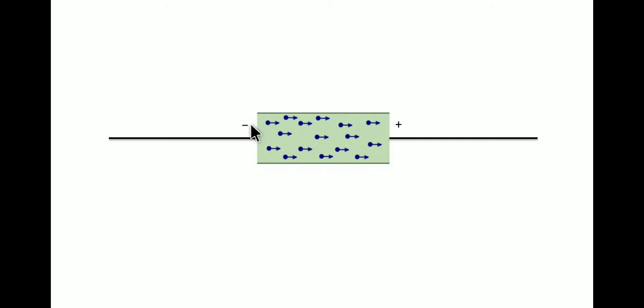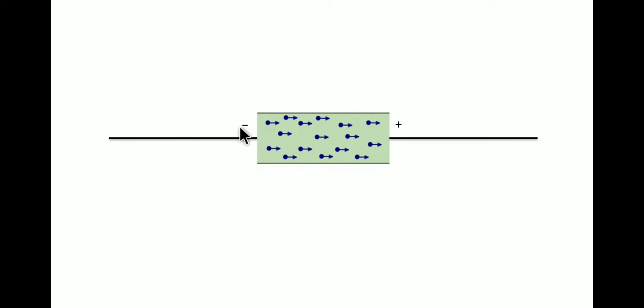But as soon as the wire or the conductor is connected to some potential difference, that is, a source of electric current where there will be a negative charge and a positive charge, then since the electrons are negatively charged particles, as the negative terminal is connected at one end, the electrons will move away from that particular terminal towards the positive terminal, because like charges repel.